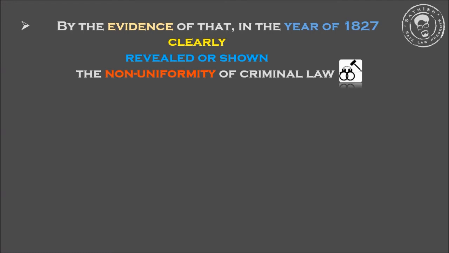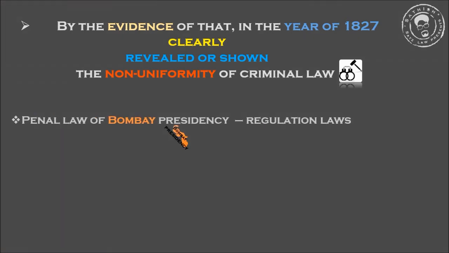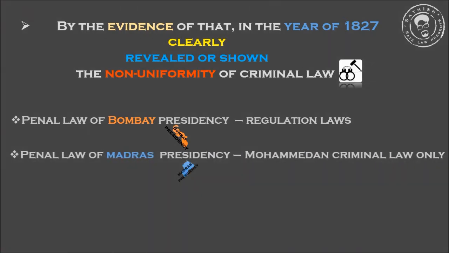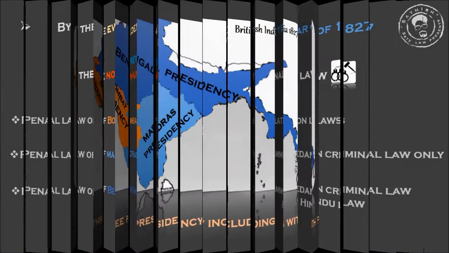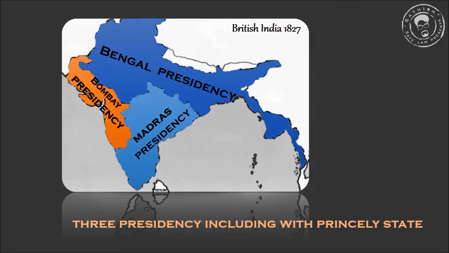For clarity: in the Bombay Presidency, the regulation law only was used. In the Madras Presidency, Mohammedan criminal law only was used. In the Bengal Presidency, both Mohammedan criminal law and Hindu law were used. This illustration makes it clear.